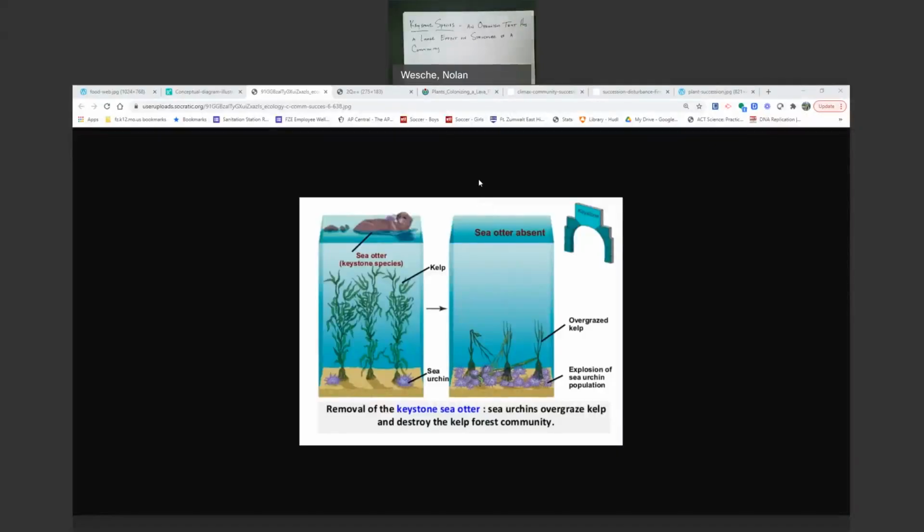So here's an example of a Pacific Ocean coastline community with sea otters, you have kelp, you have these sea urchins, and then all the fishes and things that would be supported by these kelp forests.